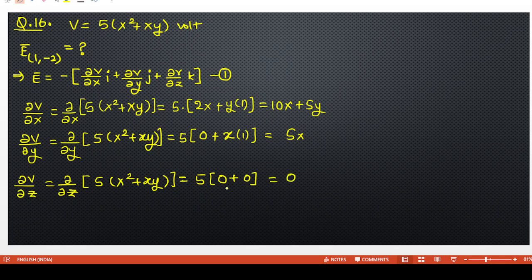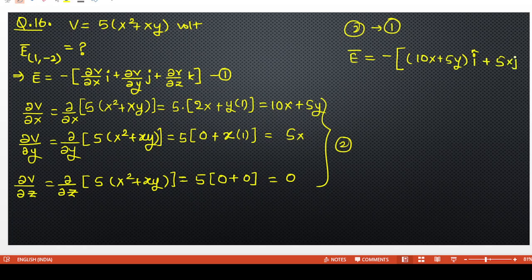So overall derivative will be 0. You can call these set of equations as 2, and you can put 2 in 1. Minus in the bracket, again in the bracket, 10x plus 5y into i cap plus 5x into j cap plus 0 k cap.